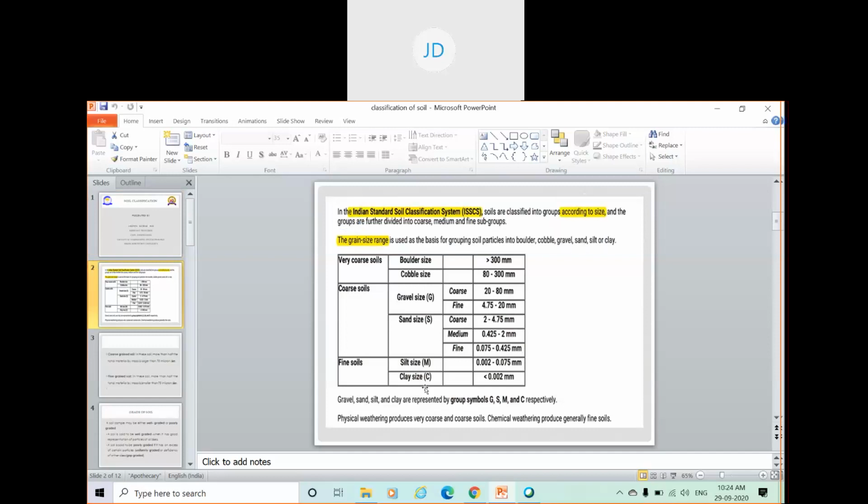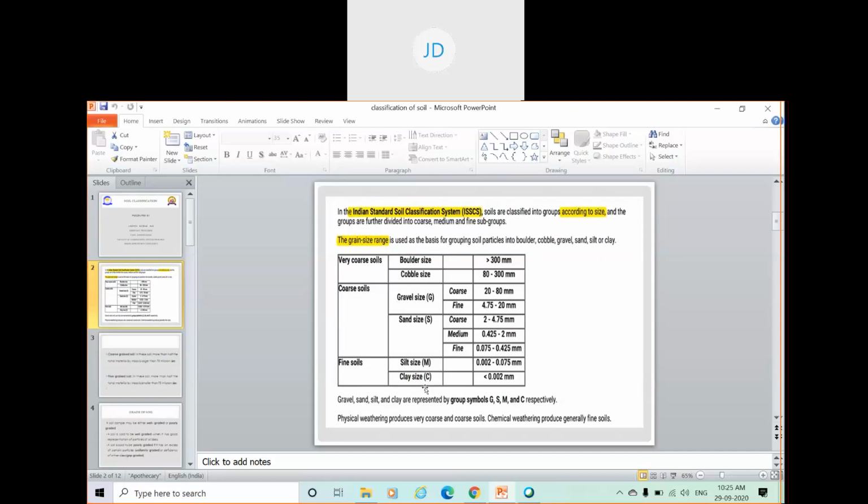Before going to the particle size distribution, I want to give a rough introduction to soil classification, even though after this class also we are going to discuss classification of soil. So, first, soil classification.